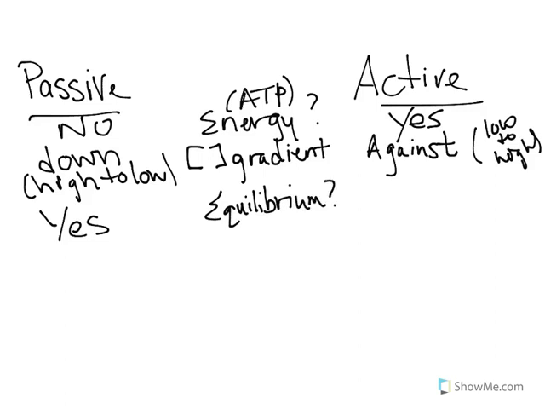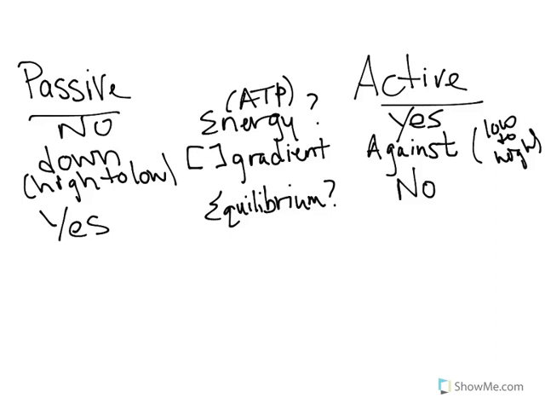Equilibrium means the concentration is going to be the same on either side of the membrane when we're done. Passive, yes. Active, no. I mentioned the concentration gradient previously. You see that down means high to low, and against means you're moving things from low to high.